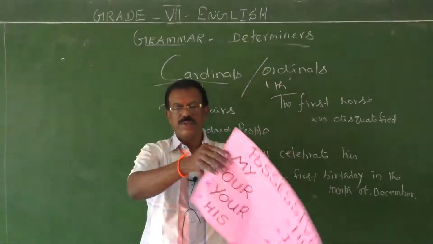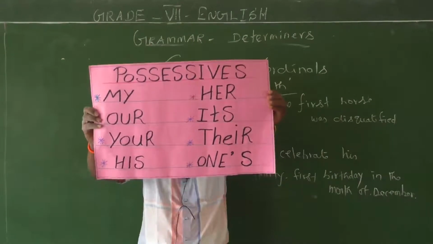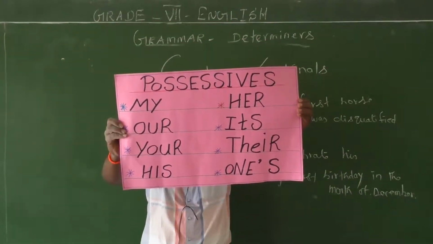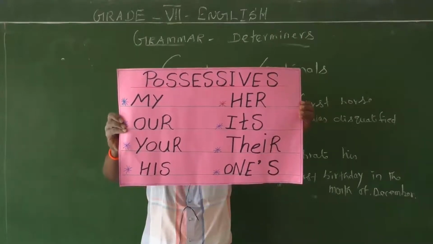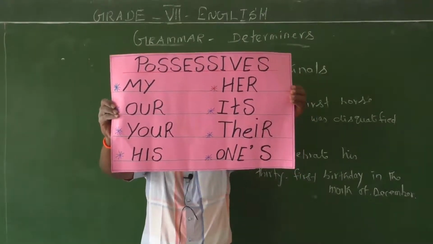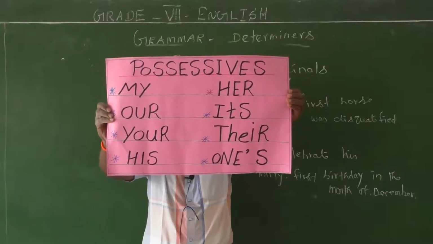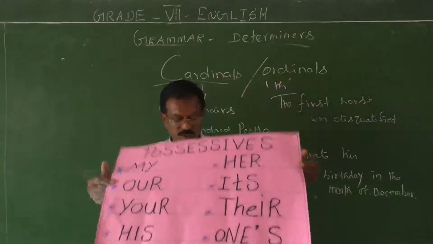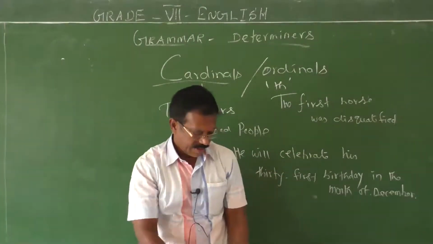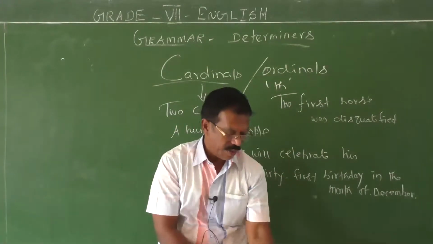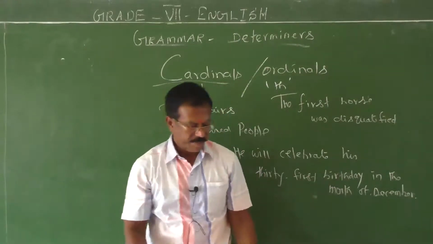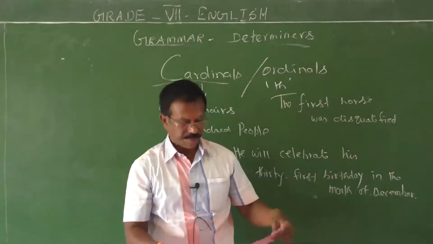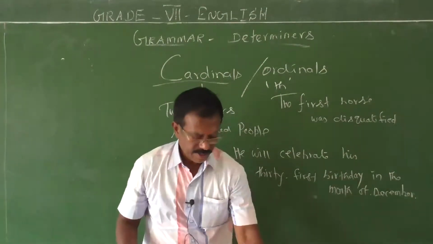Then possessives. Possessive adjectives are also called determiners: my, our, your, his, her, its and their. So the second type is possessive adjectives. Then distributive adjectives are also called determiners.